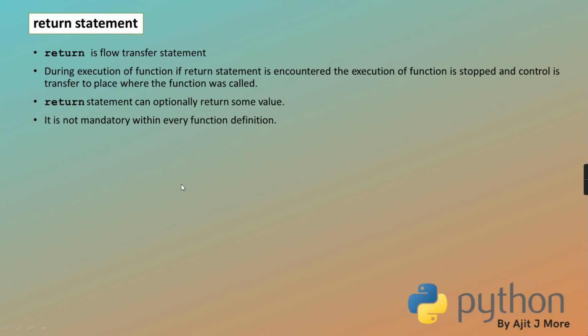Getting? And having a return in every function is not necessary. So return is not mandatory. Mandatory means compulsory. So it's not compulsory that you have to have a return statement in every function. It is not at all compulsion. Okay? And if we are not writing any return statement, then what does it return? None.